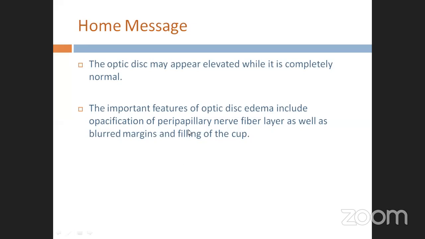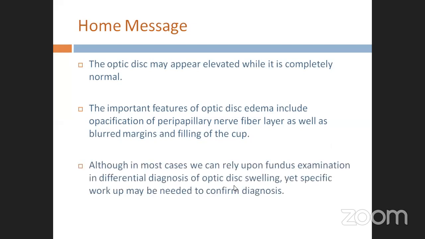So the very important feature here to differentiate between truly optic disc swelling and falsely optic disc swelling is opacification of nerve fiber layer. Of course, there are other features, but this is one of the most important. Although in most cases we can rely upon fundus examination alone in differential diagnosis of optic disc swelling, yet specific workup may be needed to confirm diagnosis.